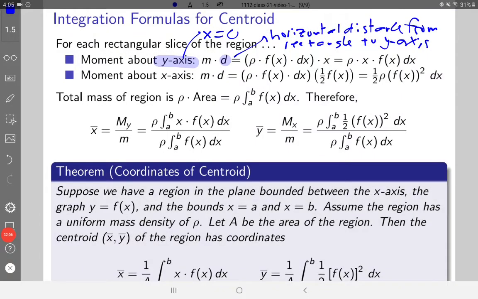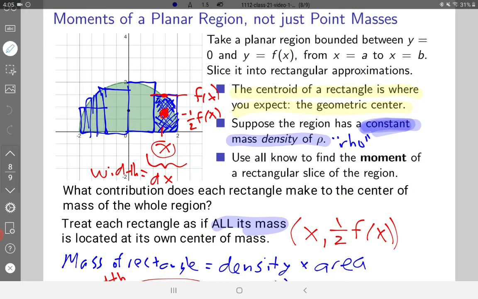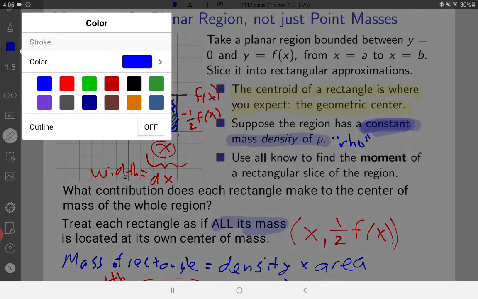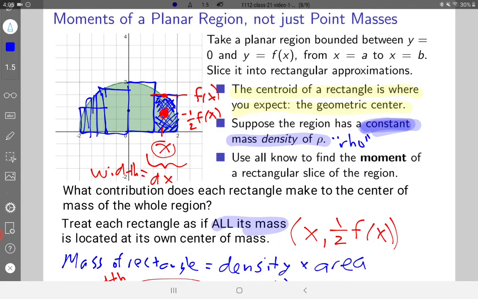And even more specifically, I mean the horizontal distance from the rectangle to the y-axis. And again, even more specifically, by rectangle, I mean that point at the geometric center of it, its centroid, its own center of mass. So what's the horizontal distance from that point over to the y-axis, where x equals 0? Well, that's exactly what the x-coordinate of that point is. That's exactly what x is.